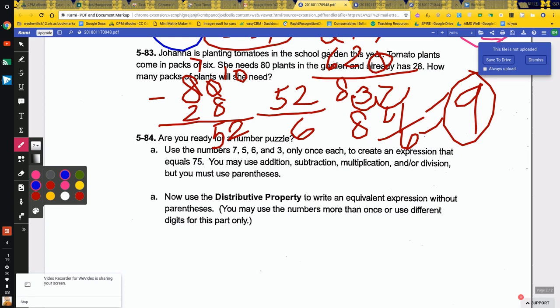I'm not going to give you the answers for this because it's a puzzle and there's more than one answer. Then, using the distributive property, write an equivalent expression without parentheses. So again, using the distributive property, you're going to take your 2 possible solutions from the last one and just rewrite it a little different. So again, there's more than one answer there.